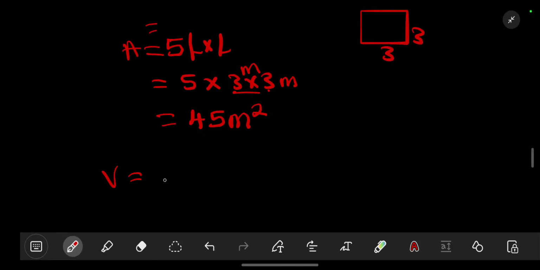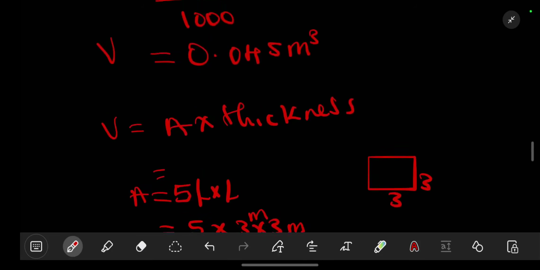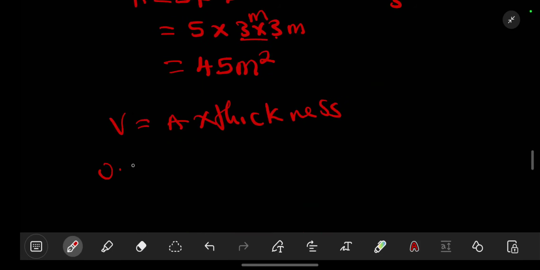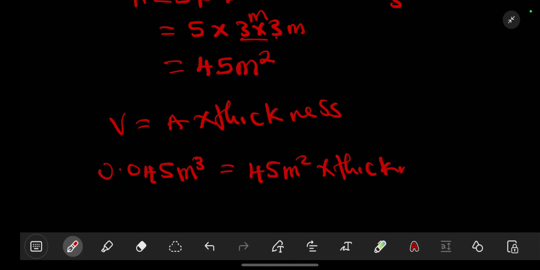So therefore volume is equal to area times thickness, which we can now replace. The volume is 0.045 meter to the power 3, which is equal to the area, which we found to be 45 meter squared, times our thickness. Then all we have to do is divide by our 45 meter squared.